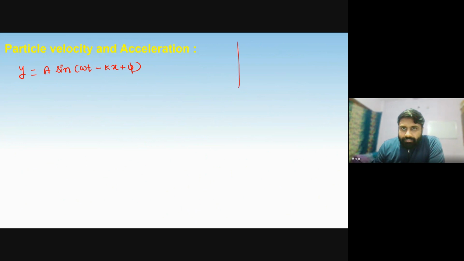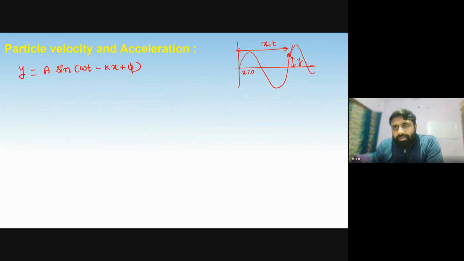If this is a wave, this y represents the displacement of the particle which is at x distance away from the origin, x equal to 0, at time t. Now, if I want to know the velocity of this particle, x is fixed for this particle. X is not changing. Only with respect to time, it is moving up and down. So y will only depend on time.